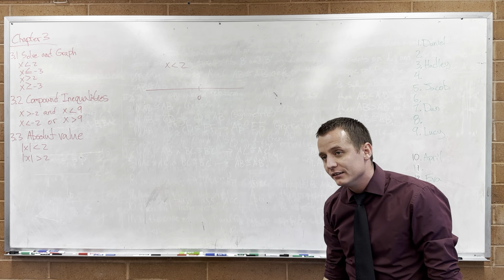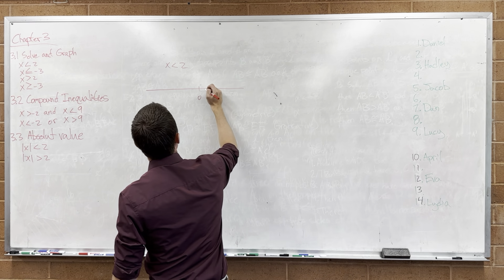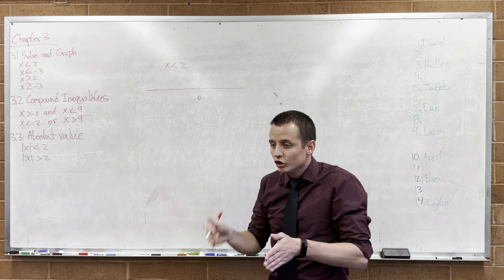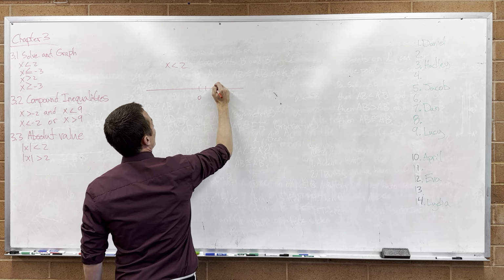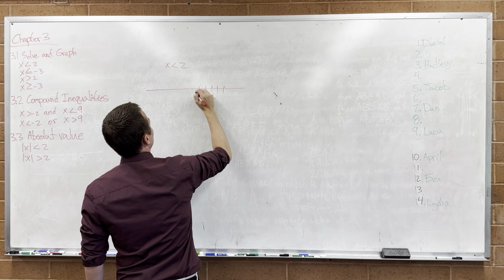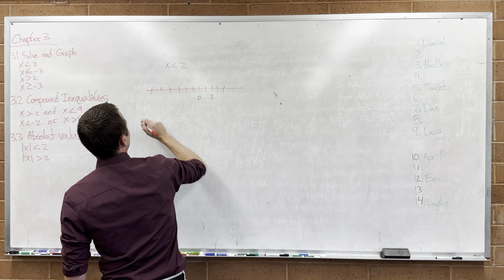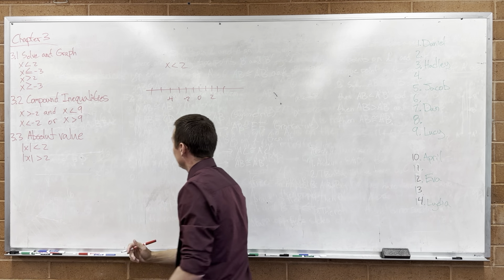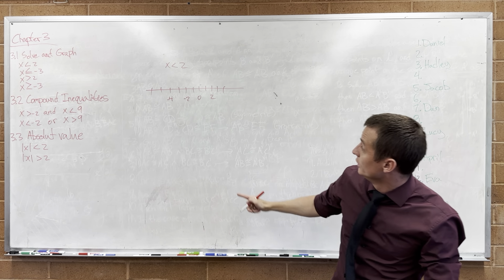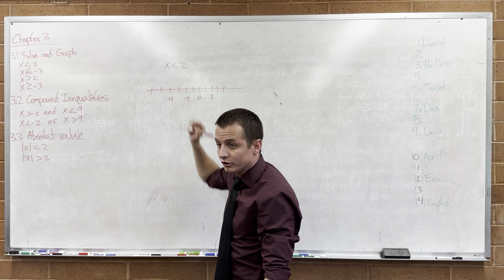So how do we graph these things? When we graph these things, remember what a graph represents. You're plotting all possible solutions. So there's 0, 1, 2, here's 2. This right here is negative 2, negative 4, etc. So, is the number 2 a solution to this equation?